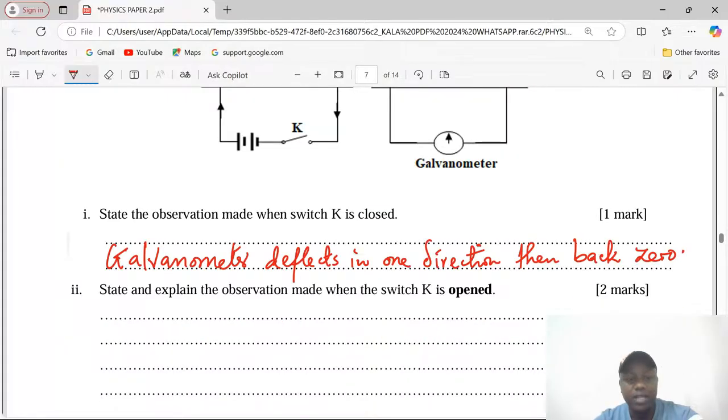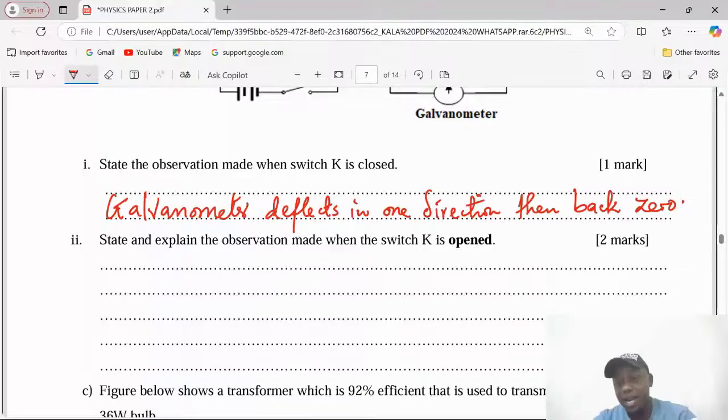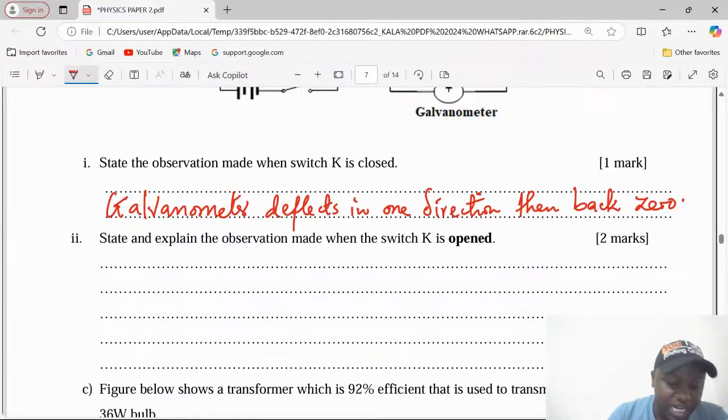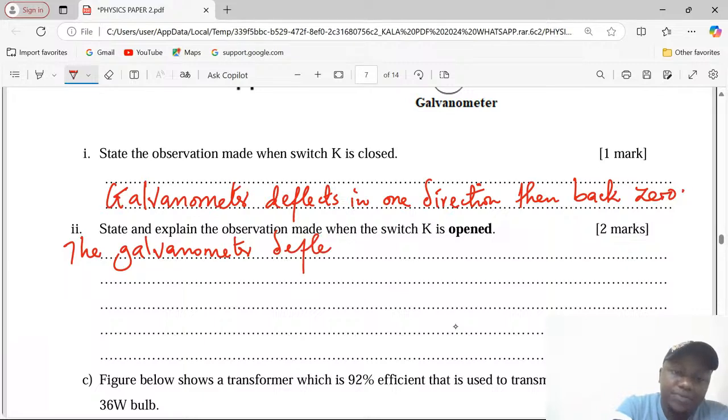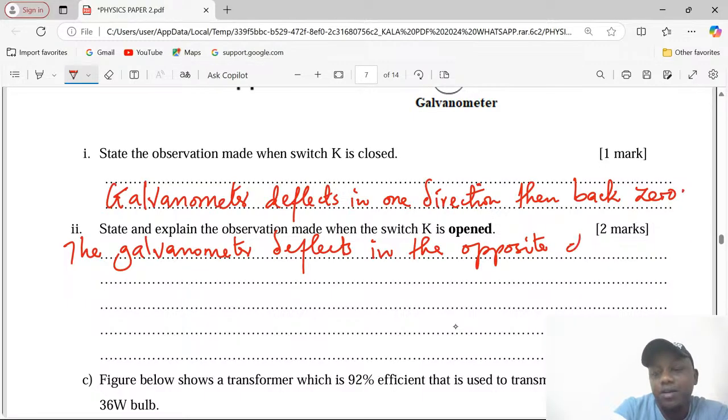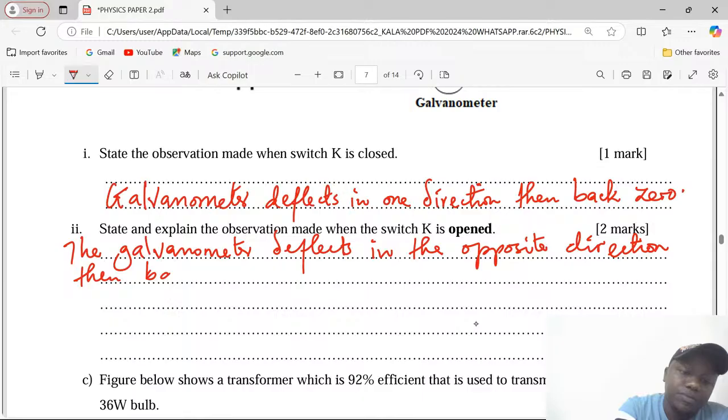State and explain the observation made when the switch K is opened. Now, when you open it, the galvanometer deflects in the opposite direction, then back to zero.